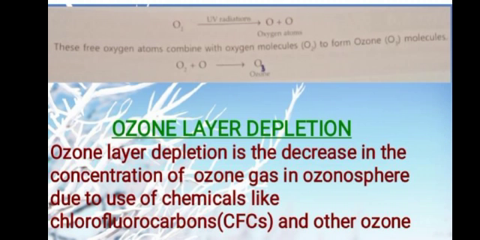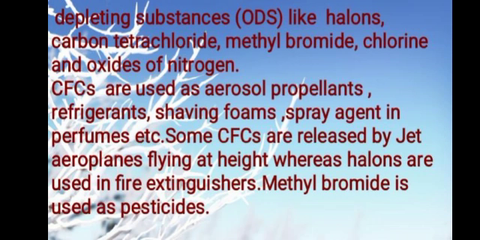Ozone layer depletion. Ozone layer depletion is the decrease in the concentration of ozone gas in the ozonosphere due to use of chemicals like chlorofluorocarbons and other ozone depleting substances like halogens, carbon tetrachloride, methyl bromide, chlorine, and oxides of nitrogen.